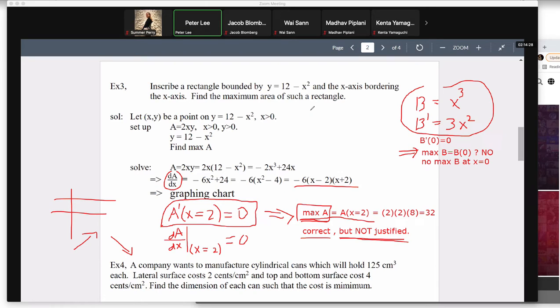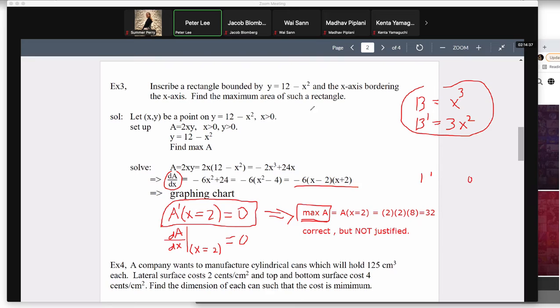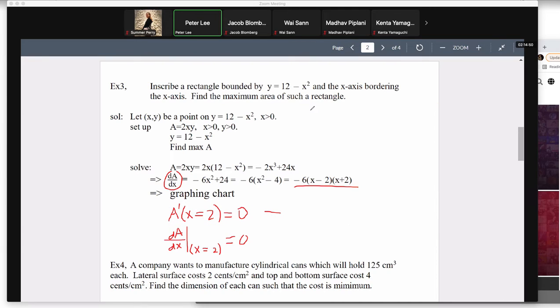Wait, did I write the answer correctly in the previous chart? Let me see what the solution was before. Let me just erase everything here. I don't know how to get my previous screen, so let me go back all the way here.